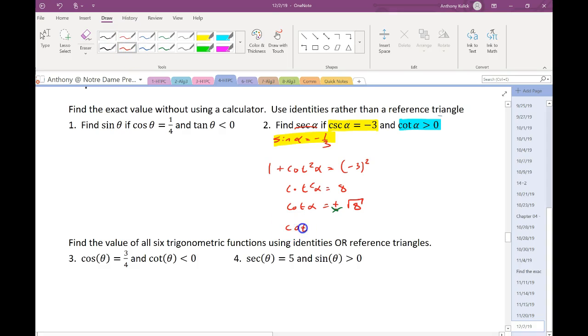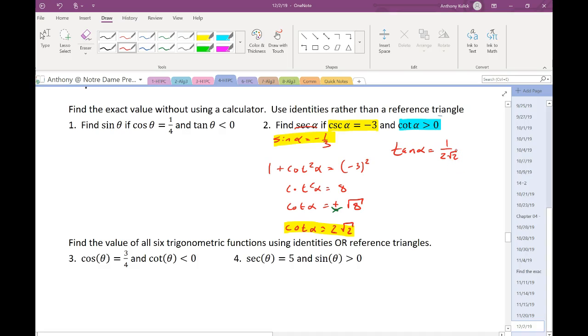And if I simplify that radical, I get that cotangent is 2 root 2. Happy with that. What else do I get basically for free here? Tangent. So tangent is just the reciprocal of cotangent.